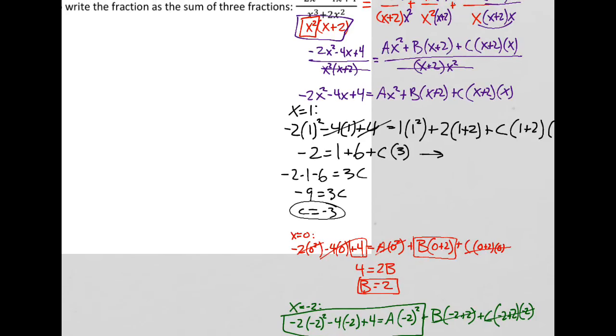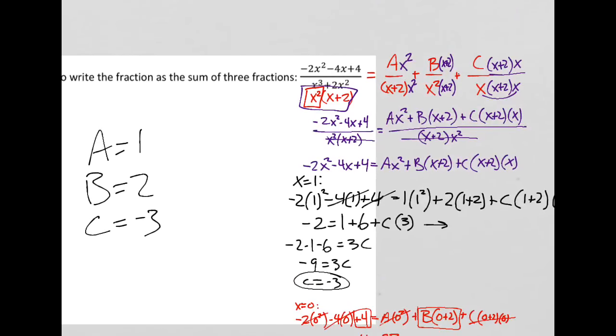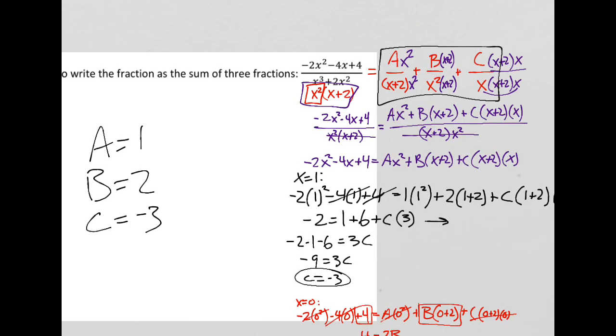And I have found a, b, and c. I found that a equals 1, I found that b equals 2, and I found that c equals -3, which means now I can go up and I can look at this red equation right there, and I can plop in a, b, and c.